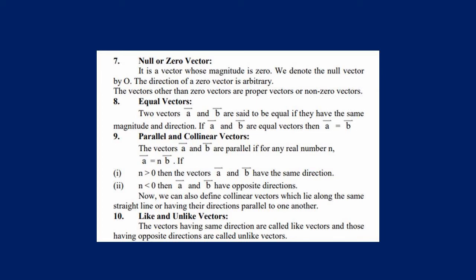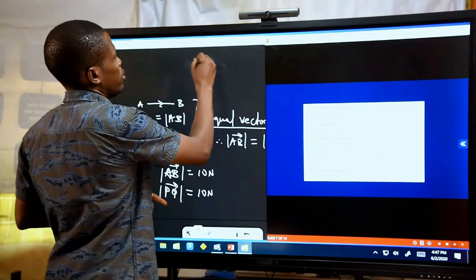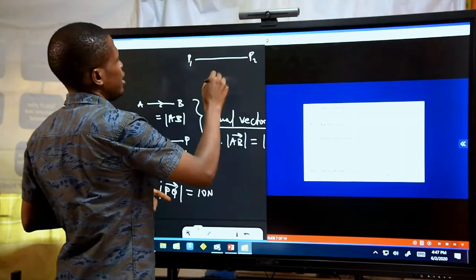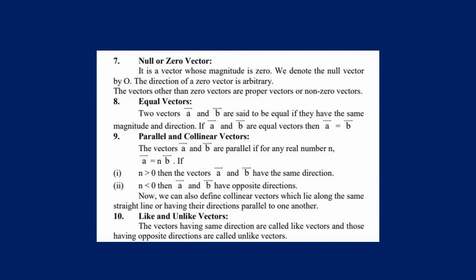Maybe we have a vector P1, P2 acting at a constant distance from another vector P3, P4. The distance is constant. That means vector P1, P2 and vector P3, P4 are parallel to each other, and they are also collinear.